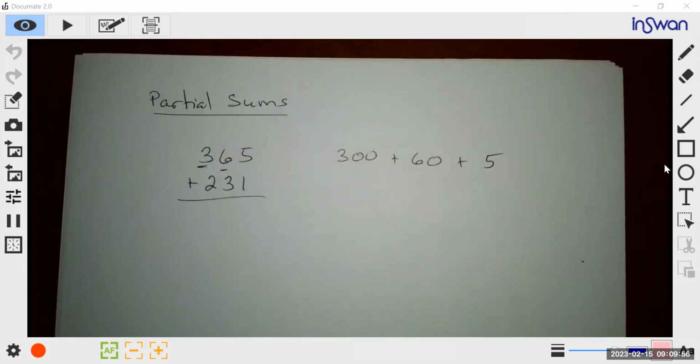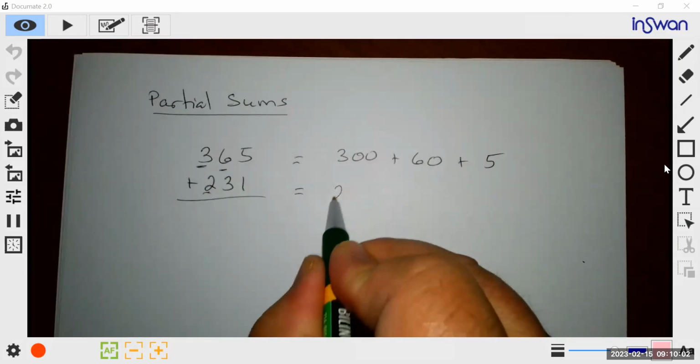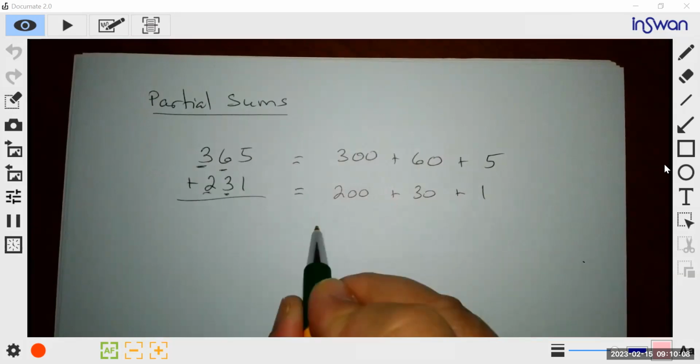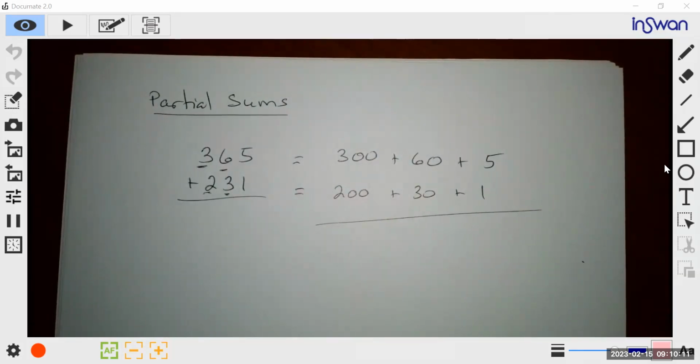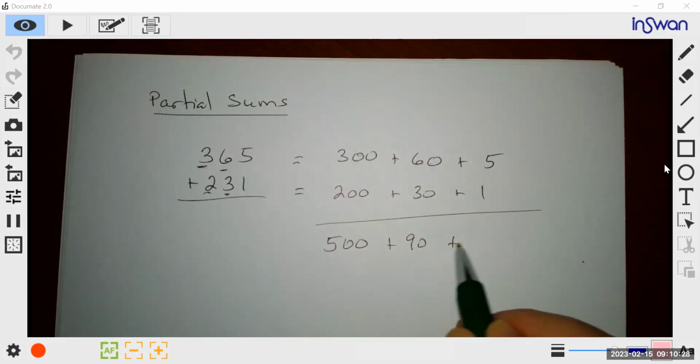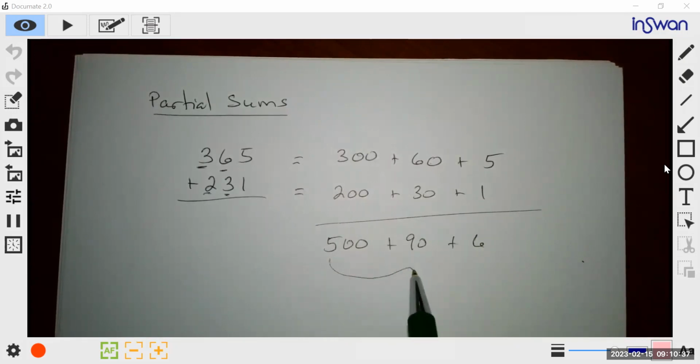Plus 5. That equals 365. This one, we have 200 plus 30 plus 1. You see why I call it partial sums? Because I'm taking parts of each number. Now I'm going to add those. 300 plus 200 is 500. 60 plus 30 is 90. 5 plus 1 is 6. Now combine those.